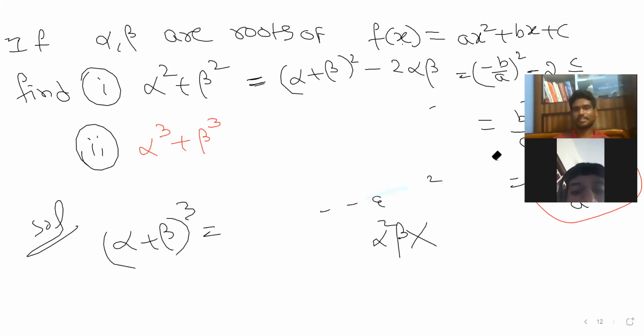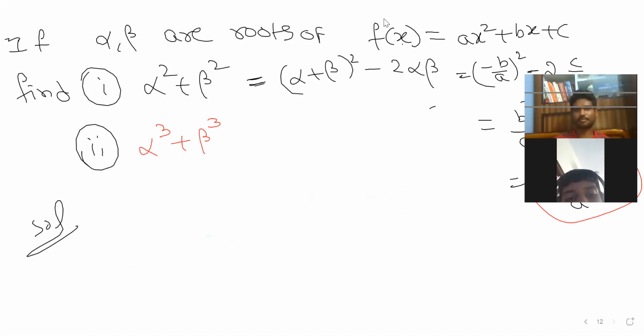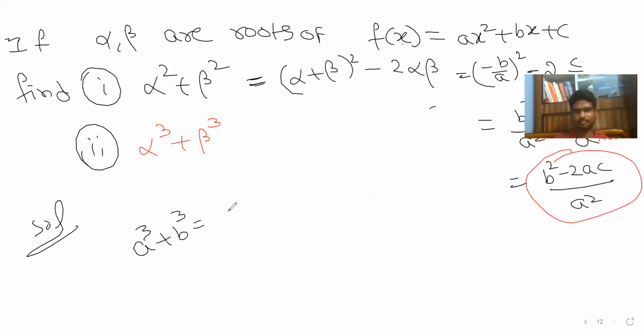What we have is of the form a cube plus b cube, not a plus b whole cube. The formula for a cube plus b cube is a plus b into a square plus b square minus ab.